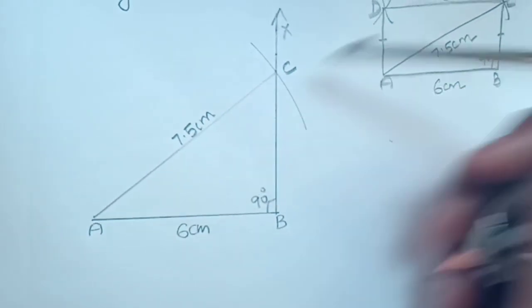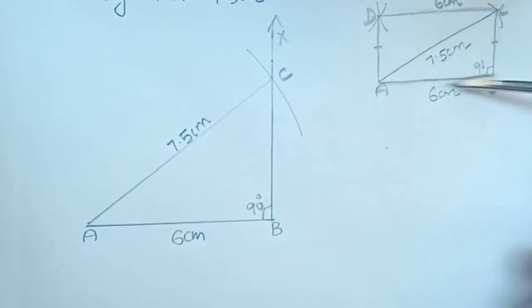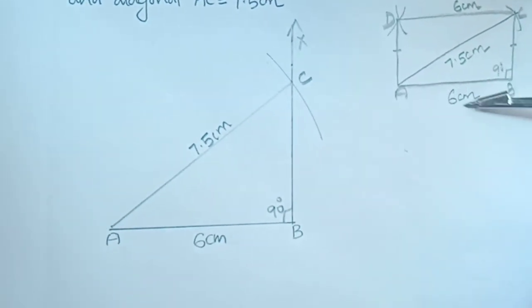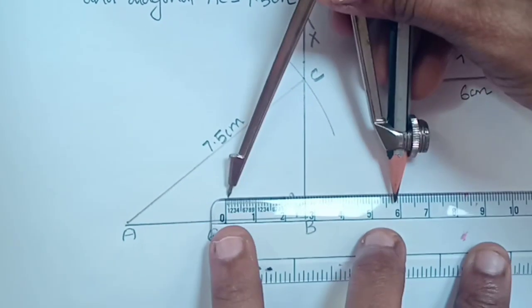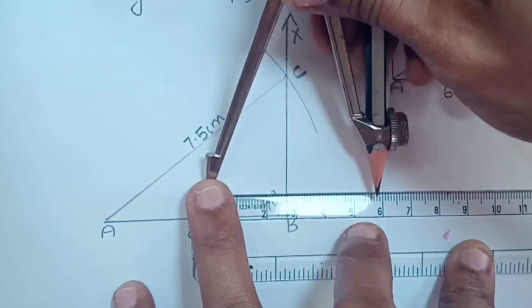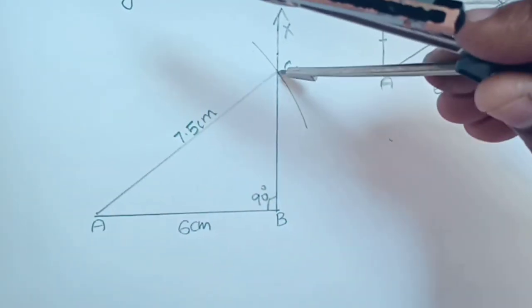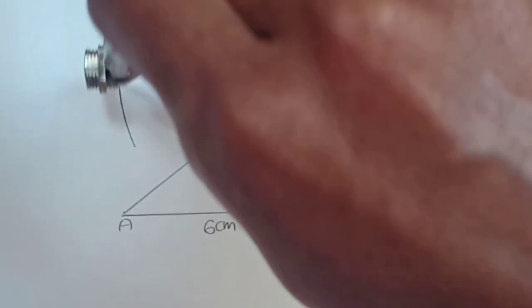Next, with C as center and radius equal to AB, which is 6 centimeter, draw an arc.